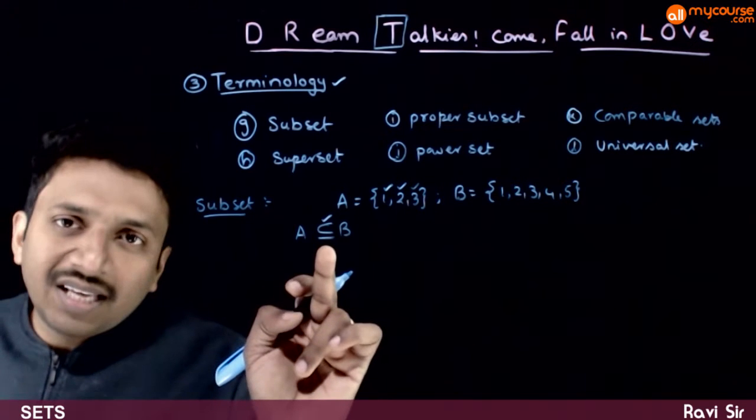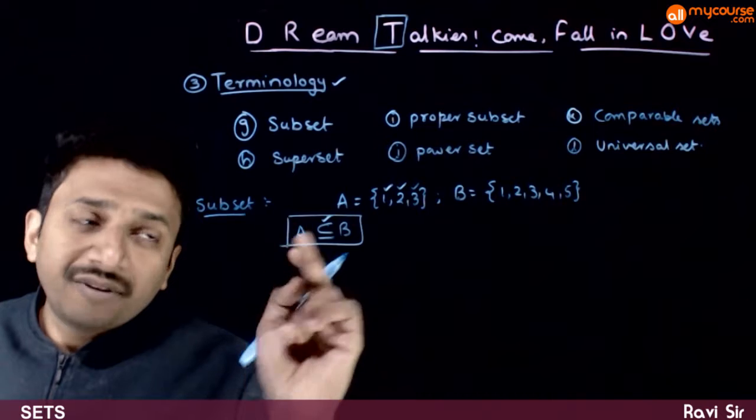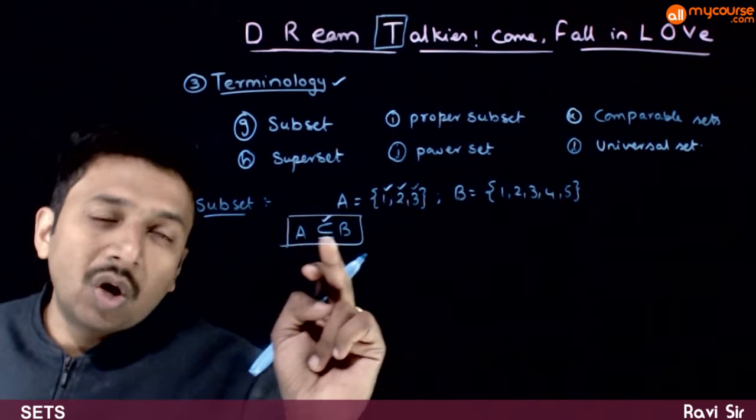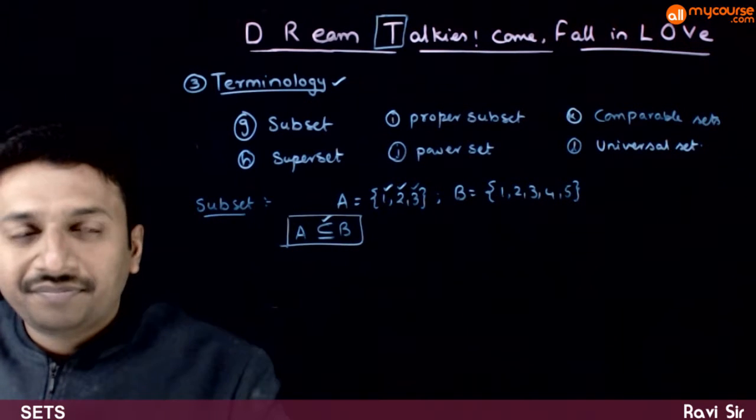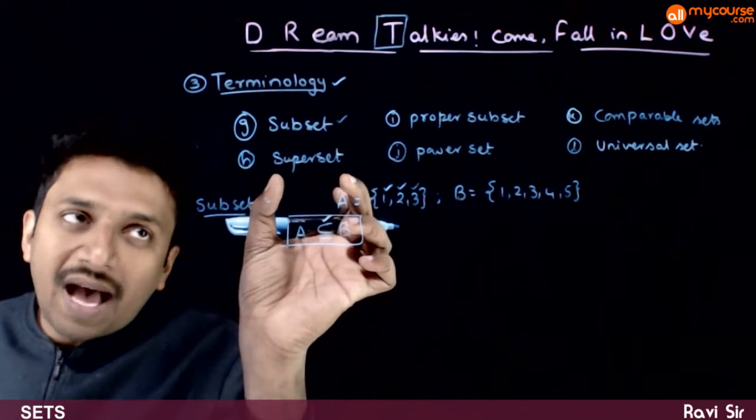A is a subset of B if every element of A is also present in B. Is it clear?